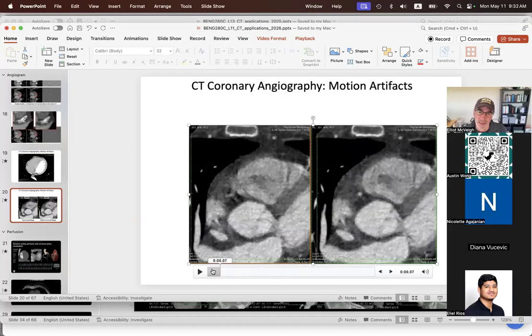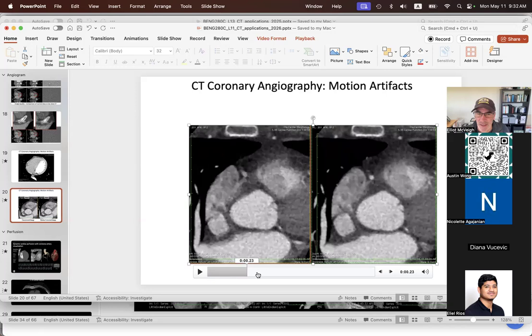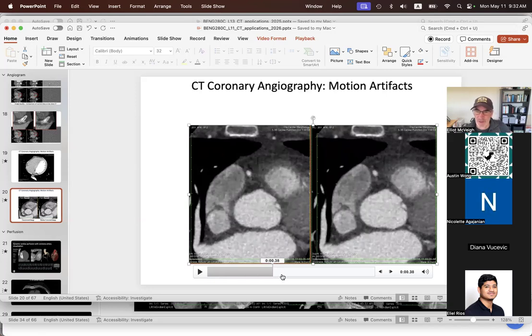So let's start at the beginning. I'll start over here. The heart is contracting, and so the coronary artery is actually moving down towards the apex. And then as it gets to its most apical location, the heart has ejected as much blood as it can.